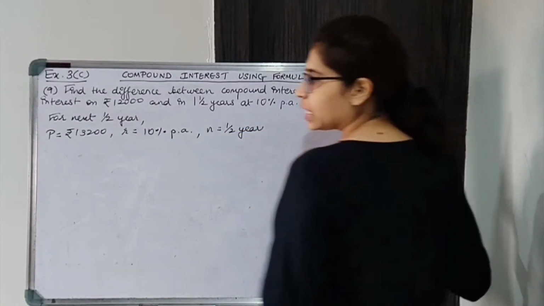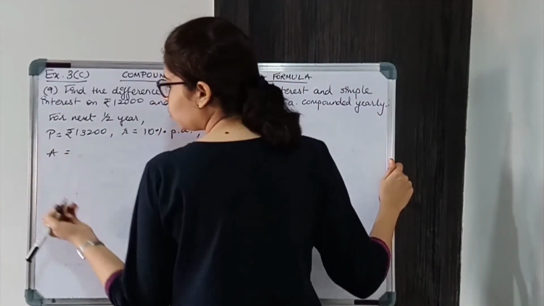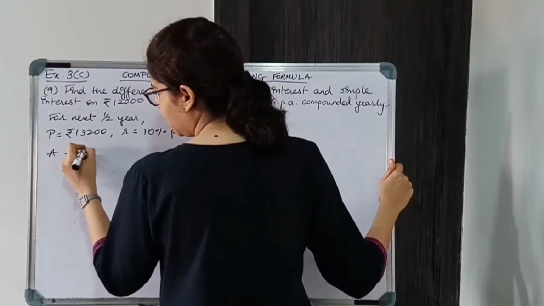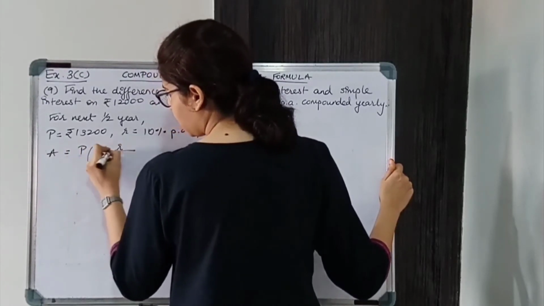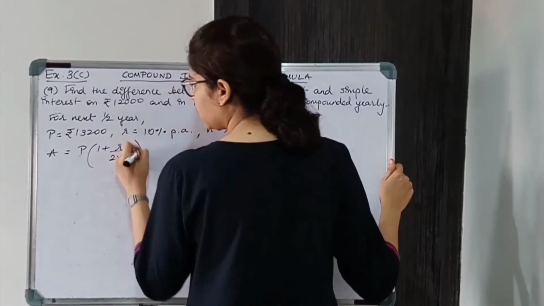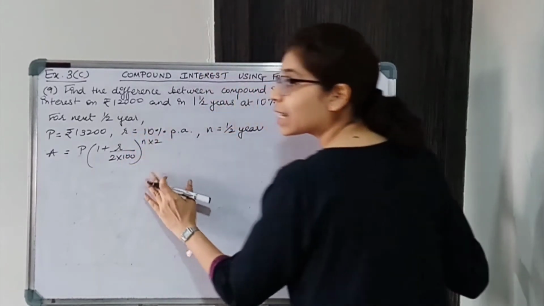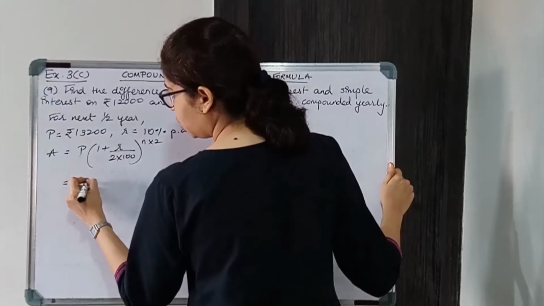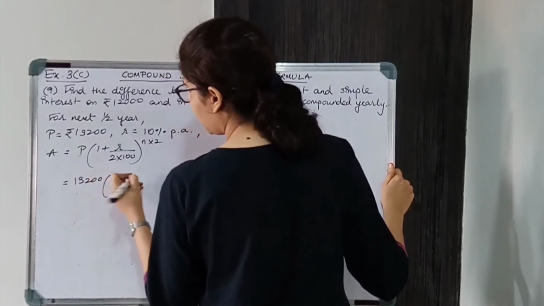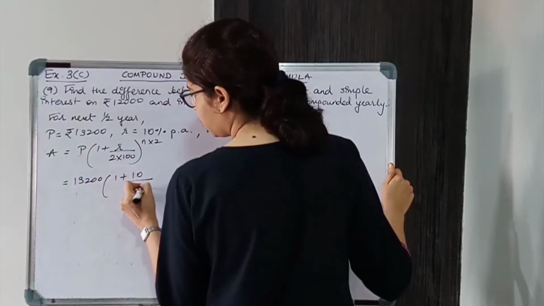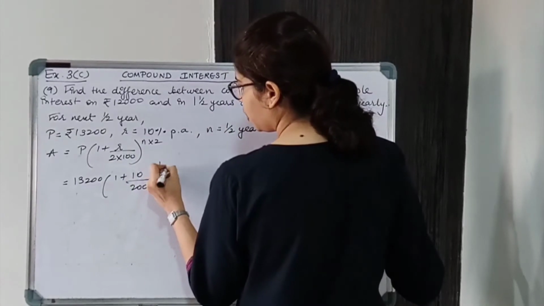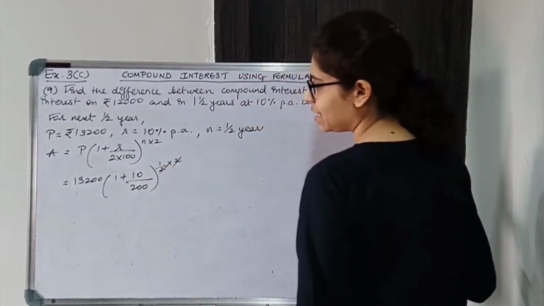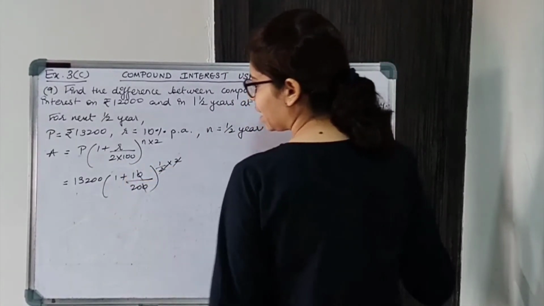Now we have to find the amount. So it is P into 1 plus R upon 2 into 100 raised to N into 2. Don't forget this part. So 13200 into 1 plus 10 upon 200 raised to half into 2. So the 2 gets cancelled and the zeros get cancelled.